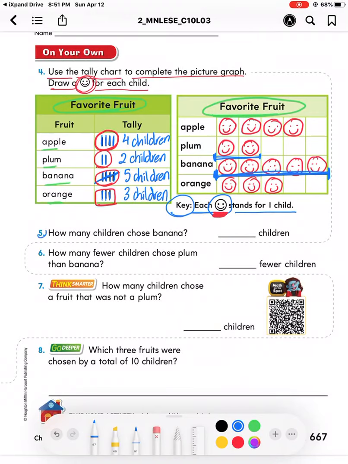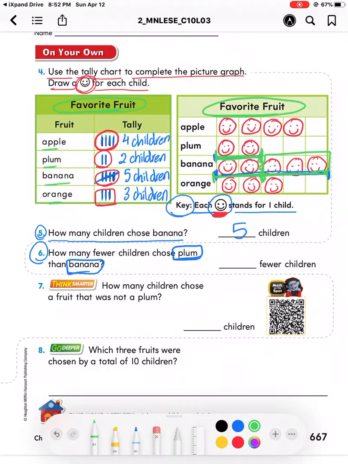Now let's answer the first question. It says, how many children choose banana? This is so easy. You can see it. It's 5 children. How many fewer children choose plum than banana? So here we compare the plum with banana as a favorite fruit. So here we have the plum right here and the banana right here. Okay, they match till this part.